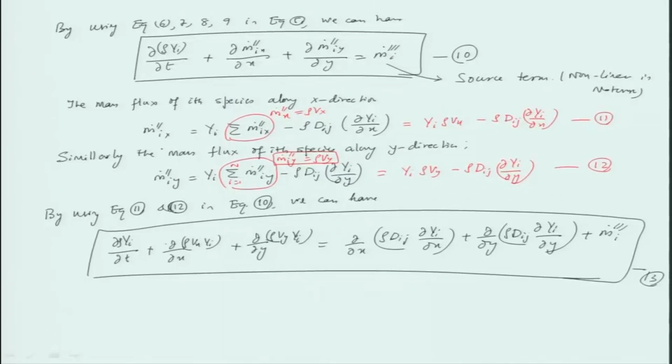This term is basically the unsteady term, and this portion is the mass flux of the I-th species along the x direction.